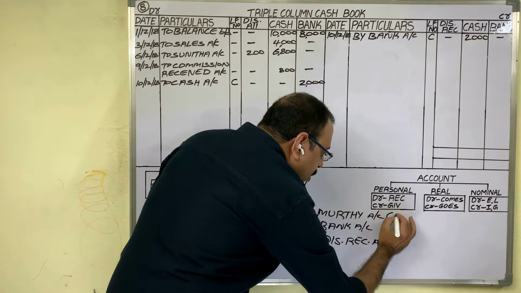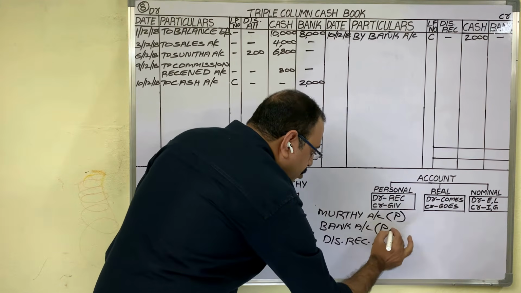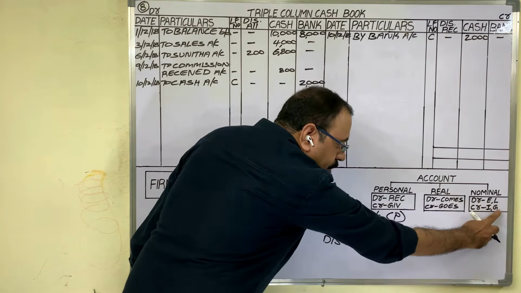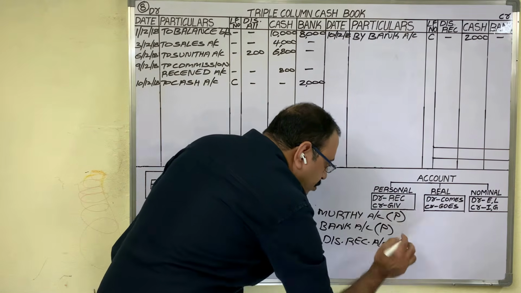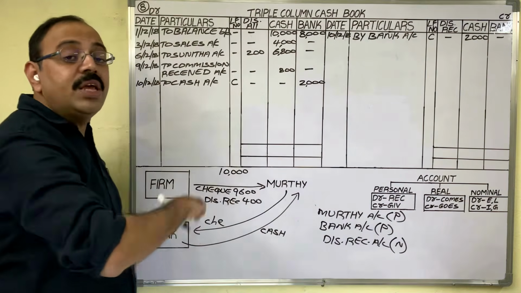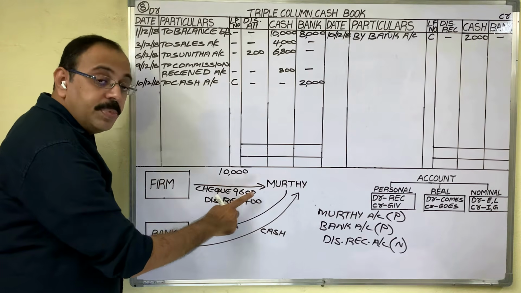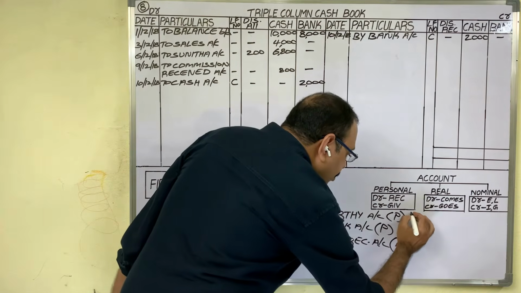Murthy account is a personal account. Bank account is also a personal account. Discount received is a gain, profit. It is a nominal account. Personal account rule: debit the receiver, credit the giver. Murthy is receiving 9,600 rupees from the bank. He is a receiver. We should debit him.